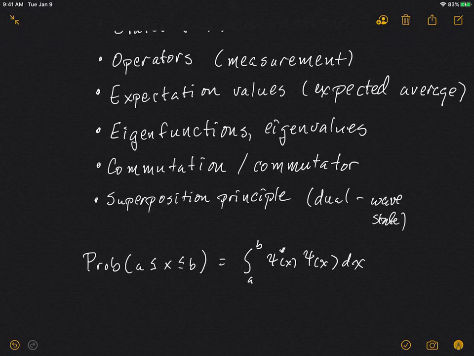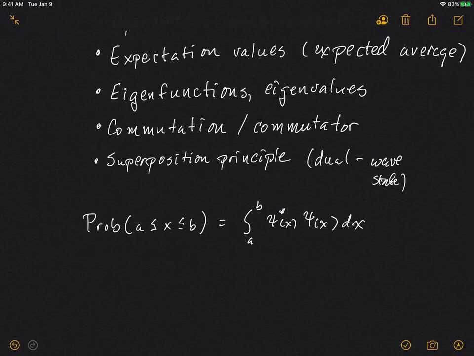Now for that to work, of course, the integral over all space has to be equal to 1. So 1 has to be equal to the integral over all space of psi star psi, where that is a wave function, it's a function of x, and we're integrating it over dx. And I've used this abbreviation a.s. to stand for all space.